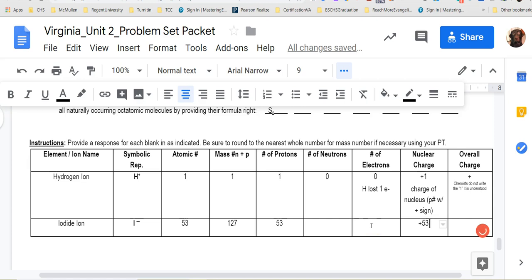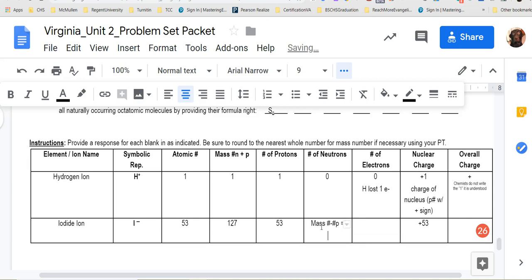So we've got an ion here, so the electron number has changed. We're going to figure that out here in a second and figure out the overall charge. But before we do that, why don't we do the number of neutrons? So if we take the mass number minus number of protons, we get the neutron number.